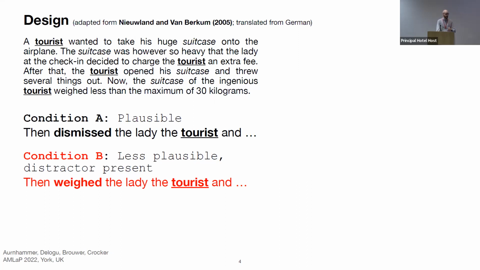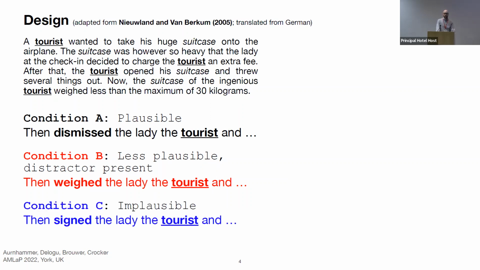What you actually expect here might be the word suitcase, right? Because she's at the counter and she may be weighing the suitcase. So not only is tourist a little less plausible, but also you have actually built up an expectation for a different word, which is very salient in the discourse. And thirdly, it's just a very implausible continuation. The lady signed the tourist.